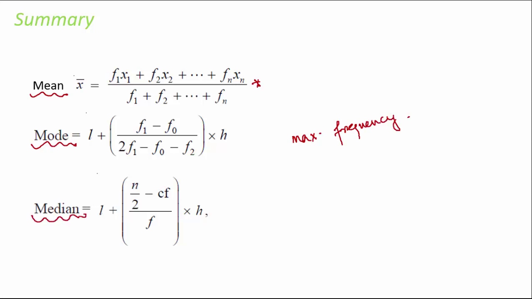Next comes median. The word median means it is the value of the middlemost observation in the data. For example, let's say I want to measure the height of all the students in my class.